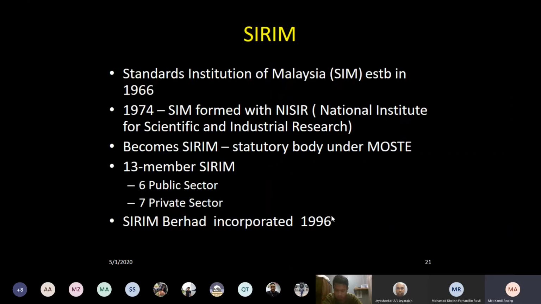They had 13 board members in SIRIM, 6 from the public sector and 7 from the private sector. At that time, now it's different already. Then in 1996, SIRIM was incorporated to become SIRIM Berhad.